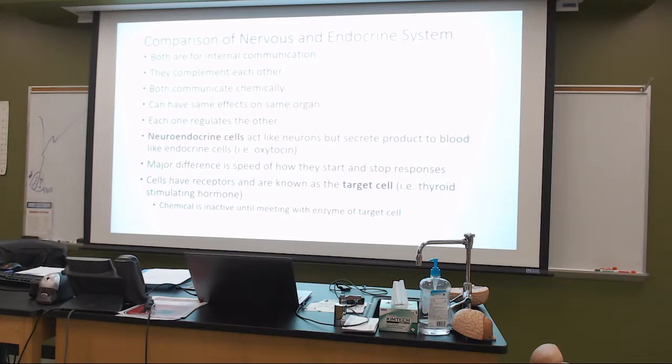Now, what that means is I'm going to have a nerve fiber that goes to my hypothalamus. And that nerve fiber in the hypothalamus, which would be the neuro part, the nerve portion, coming to the pituitary, which is my endocrine.